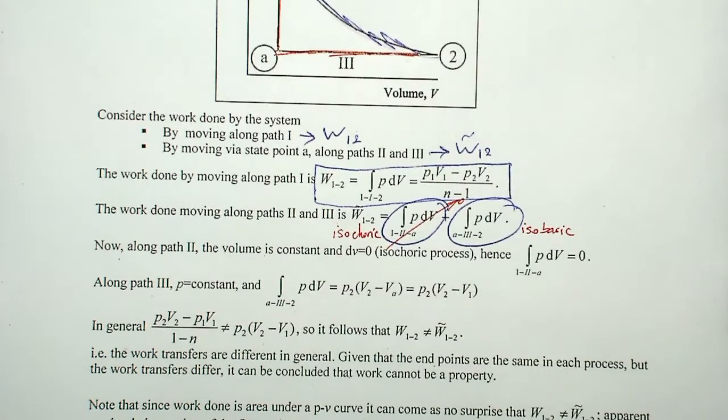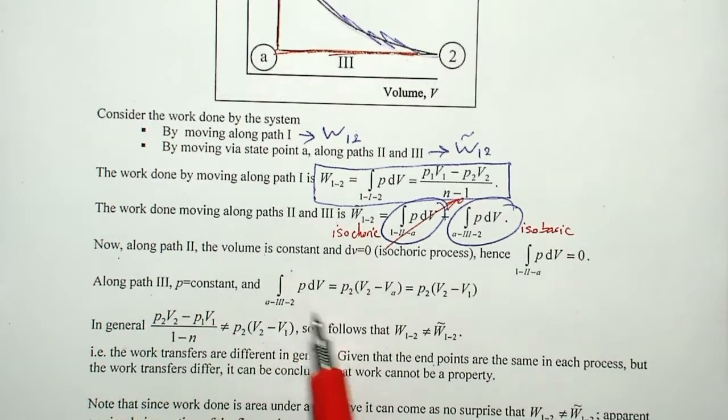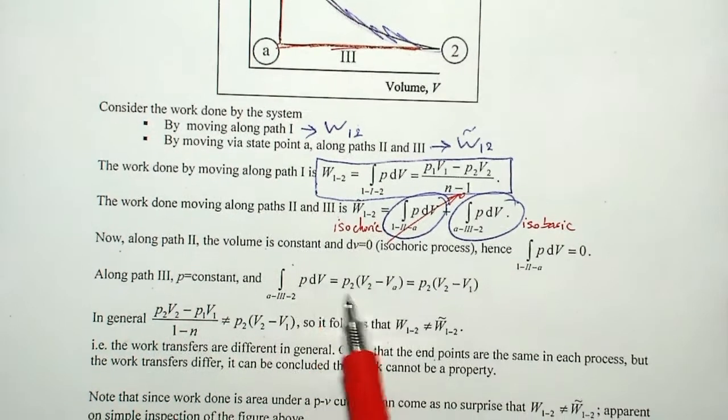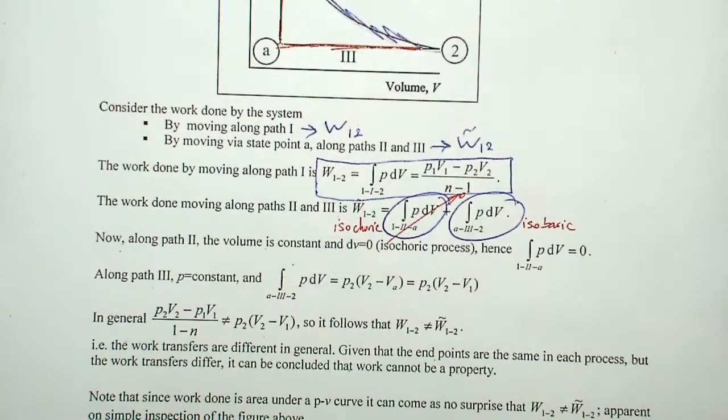And if you look at this equation now, that just means P is constant, of course, so in this integral I can take P out, and then my volume will change from V2 to VA.